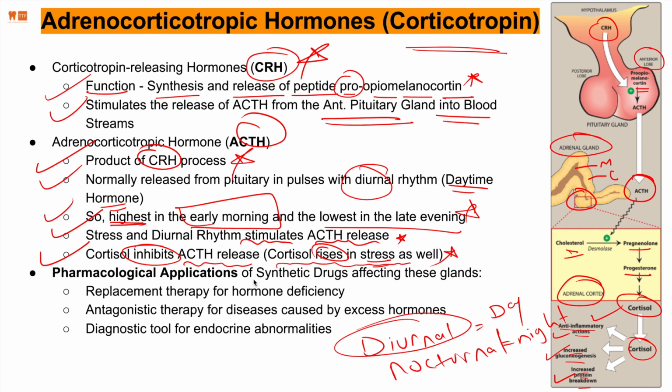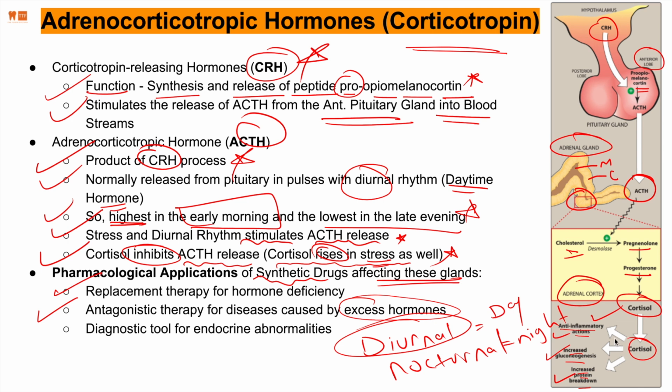Pharmacological applications of the synthetic versions of these drugs are what? Well, replacement therapy for hormone deficiency. So if you're missing ACTH, administer ACTH. If you're missing cortisol, take cortisol. Antagonistic therapy for diseases causing excess hormones. If there's, for example, excess cortisol in the body, how do you reduce cortisol? Give more cortisol.